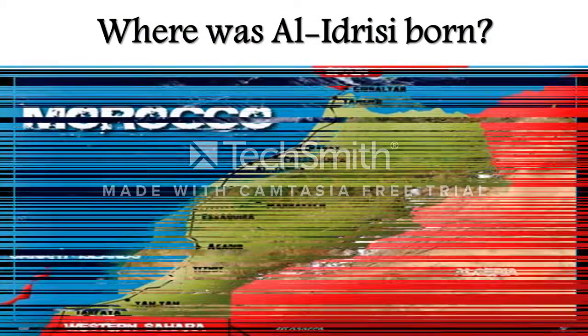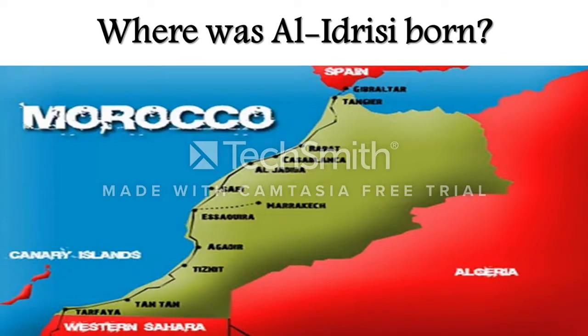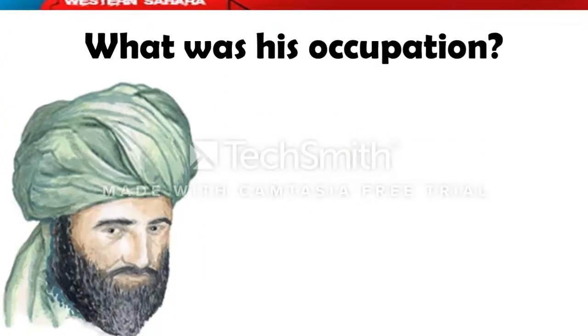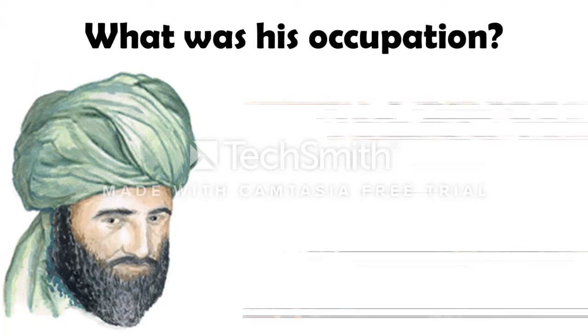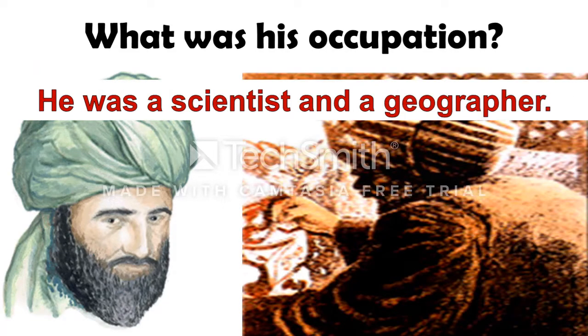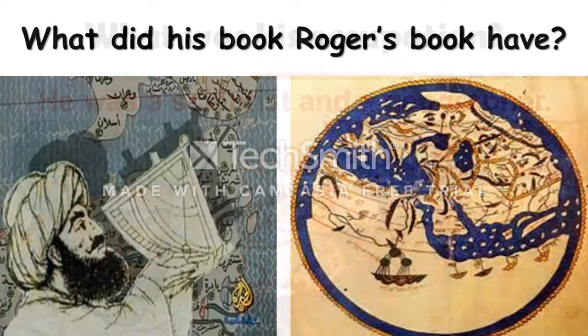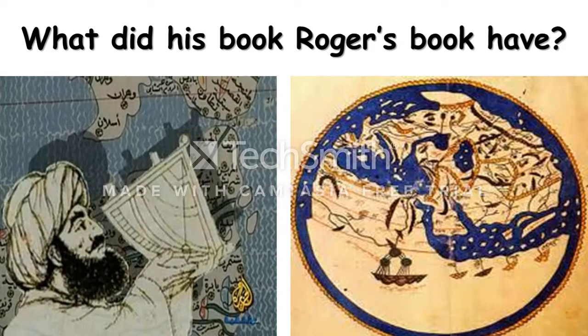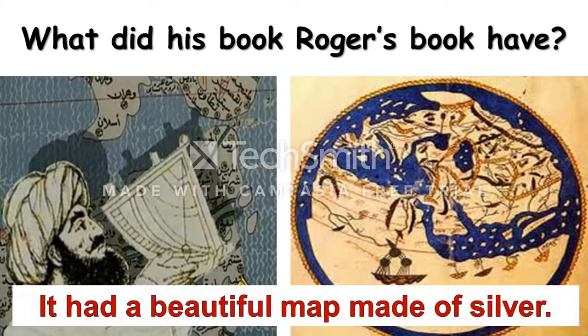He was born in Morocco. What was his occupation? He was a scientist and geographer. What did his book Roger's Book have? It had a beautiful map made of silver.